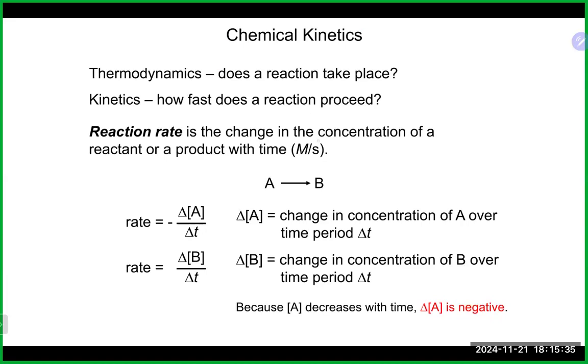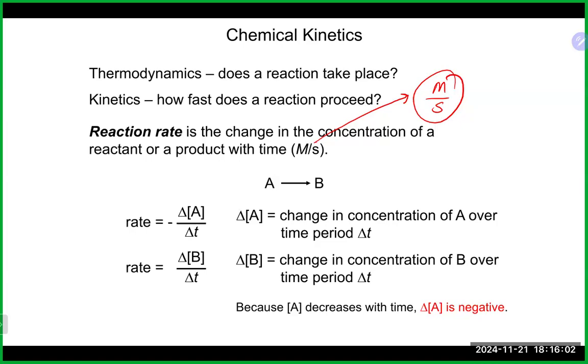Since molarity is the most common unit that we deal with, we look at how the molarity is changing per unit of time, such as seconds. The time doesn't always have to be seconds. It can be minutes, hours, days, weeks, years. But if you're doing an experiment, a lot of times you measure how long it took in seconds, so it's a very common unit.